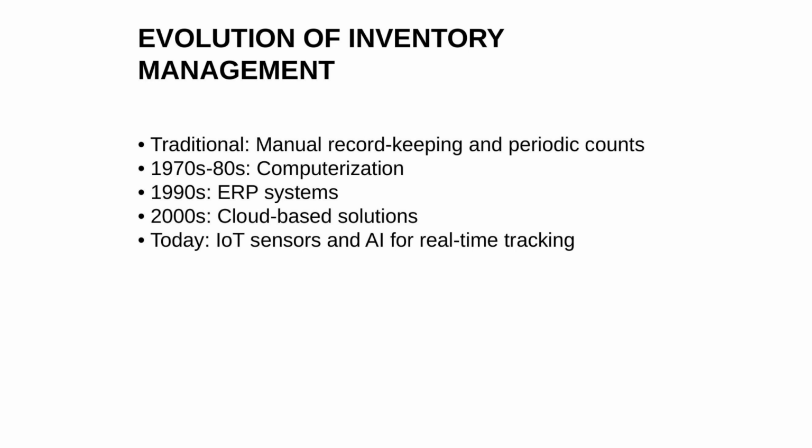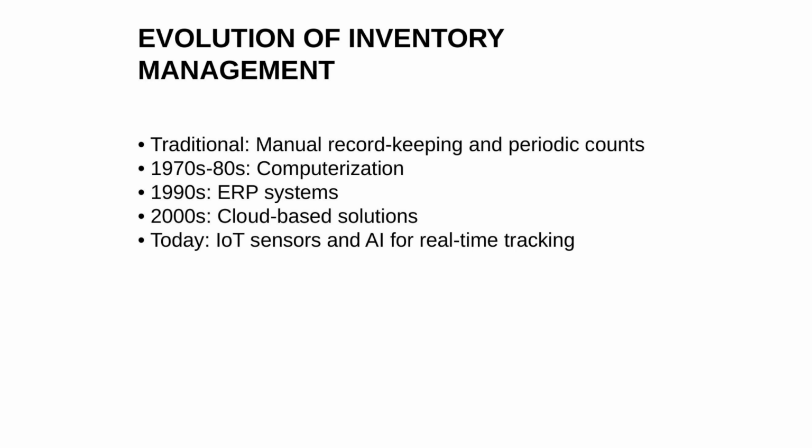Inventory management has also evolved along with technology and business complexity. Traditionally, companies relied on manual record-keeping and periodic physical counts, slow, labor-intensive, and often inaccurate. In the 1970s and 80s, computerization improved record-keeping and basic planning.